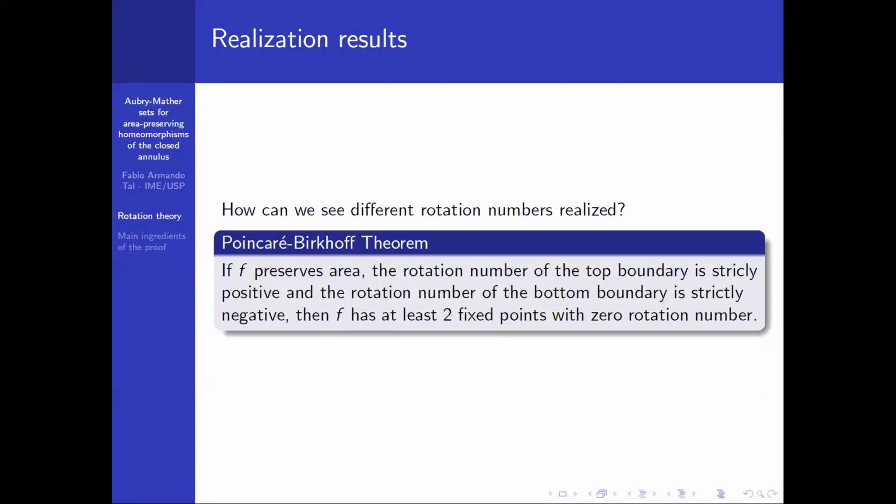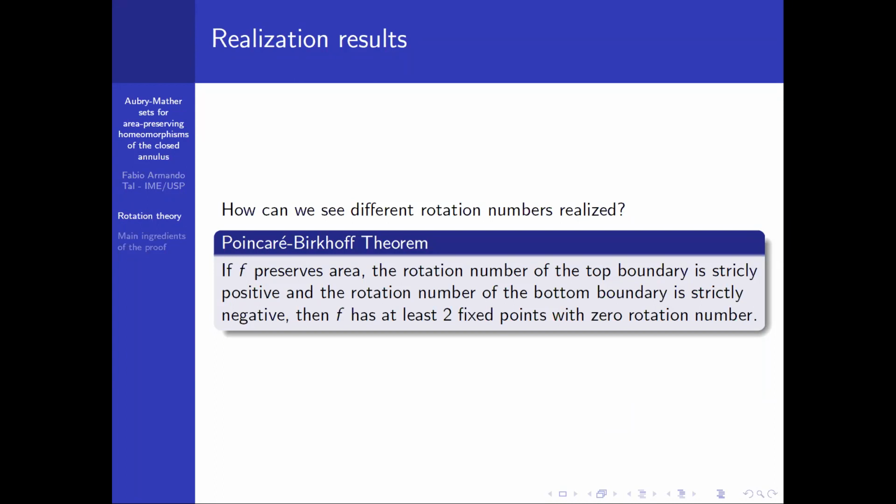One of the main initial results in this direction is the Poincaré-Birkhoff theorem. It says that if I have a homeo of the annulus which preserves area, and the top boundary moves with positive speed and the lower boundary moves with negative speed, then you're going to have a fixed point in between. So this is a realization result saying that if you have one velocity on top and one velocity downstairs, some sort of shear between the boundary velocities, and you have area preservation, then you're going to have a realization of the in-between speed, zero, by a periodic point.